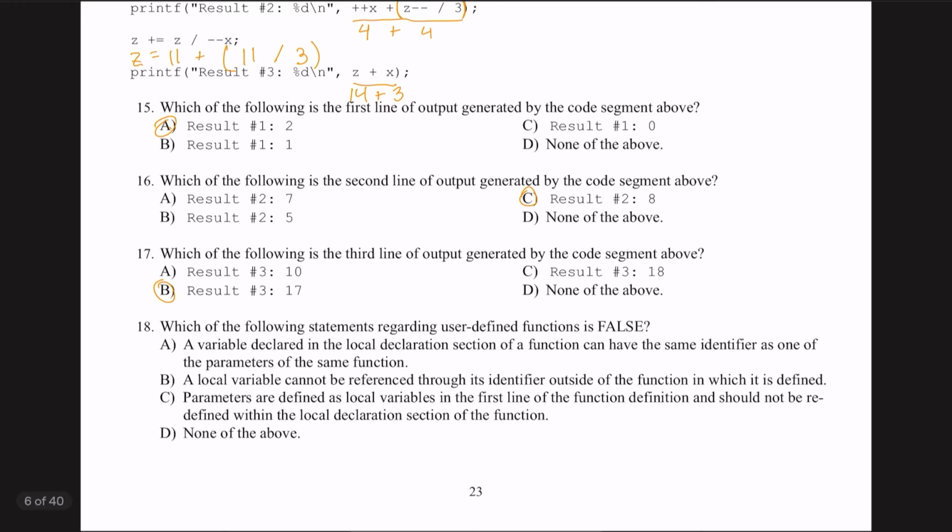Question 18. Which of the following statements regarding user-defined functions is false? A, a variable declared in the local declaration section of a function can have the same identifier as one of the parameters of the same function. So this would be something like saying, we have a function, do this, and let's say we're passing in a radius.